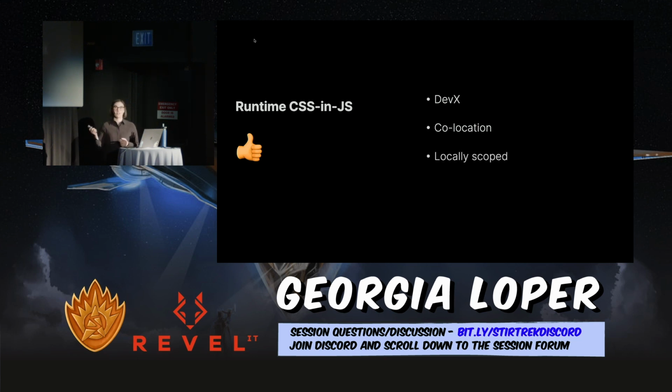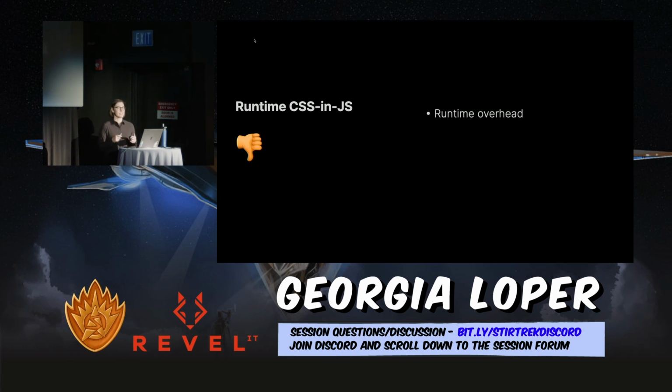We have locally scoped classes with those hashes. And this implementation can be made type safe, depending on which libraries we're using and how we ultimately go about implementing all these. Now the cons of runtime CSS-in-JS are pretty severe.